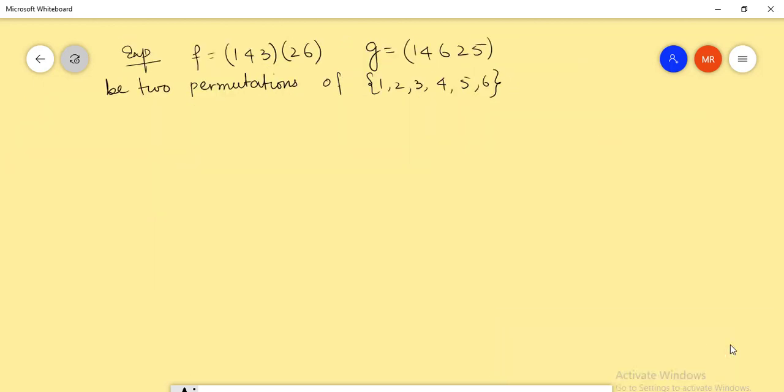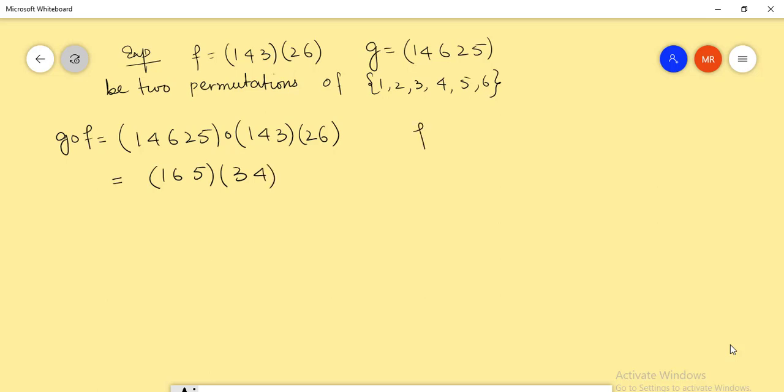We can observe one thing more. Assume we have two permutations as given in our previous example, F and G of the set 1, 2, 3, 4, 5, 6. If we find G composite F, then this is (1 4 6 2 5) composed with (1 4 3 2 6), and we have computed that it produces (1 6 5)(3 4).